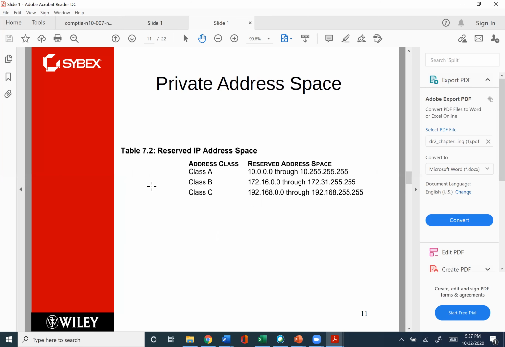All right. For our private addressing, this one you need to know by heart. These are the reserved ranges that they will ask you questions about. If you remember, Tercet was once asked a question that provided IP addresses and asked which one is a private IP.